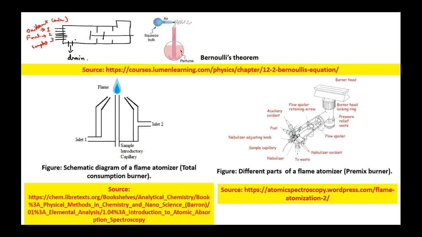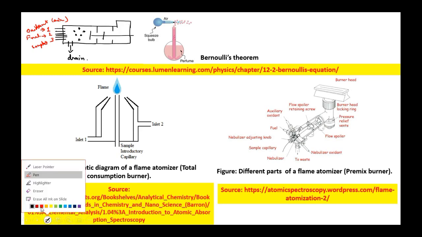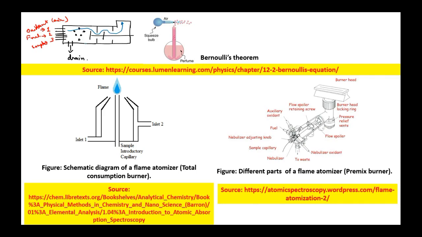Now, herein what will happen is that this flow spoiler is present. Now what is happening? You are having these droplets over here. Now the flow of the oxidant and these samples, how do they have to move? They have to cross these baffles. They have to cross this baffle to gain entry over here.